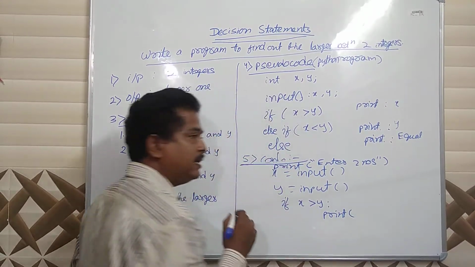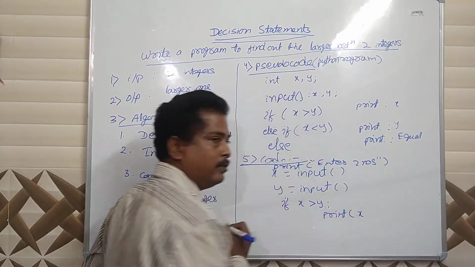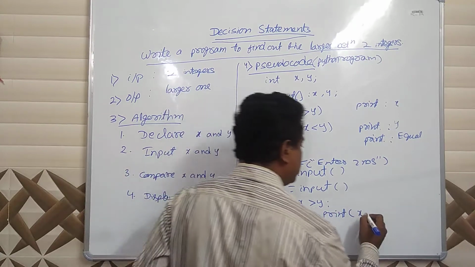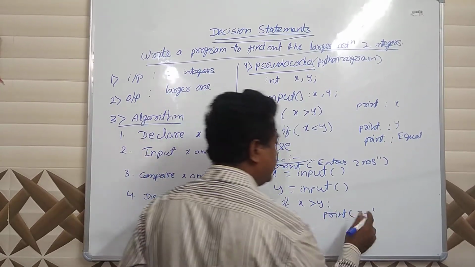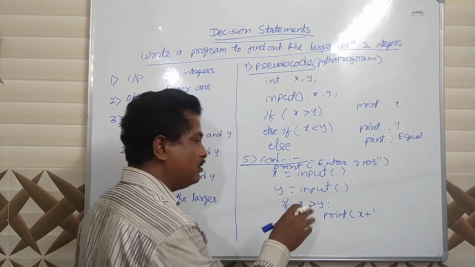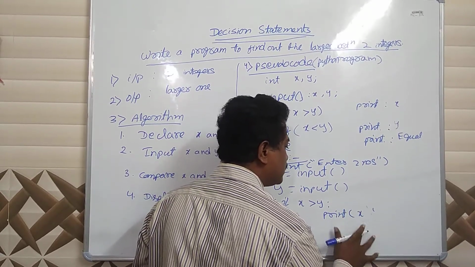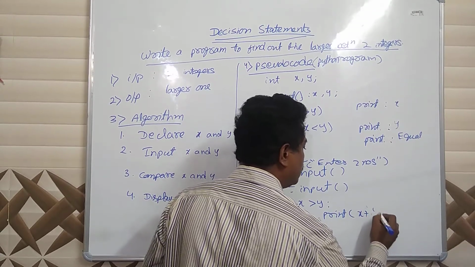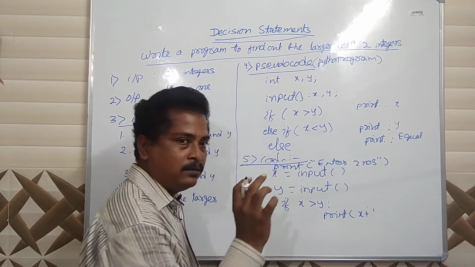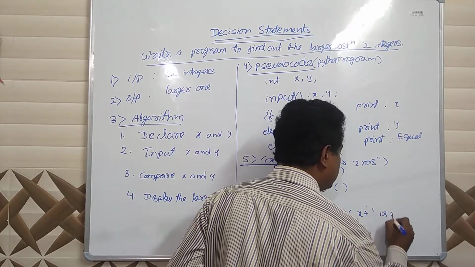How to print whether x is greater or y is greater? If a variable, print it directly, just like Java plus. If you are printing only the value, then write only x. If you want to print something more than that, then write x plus, and after x, what you want to print: is greater.